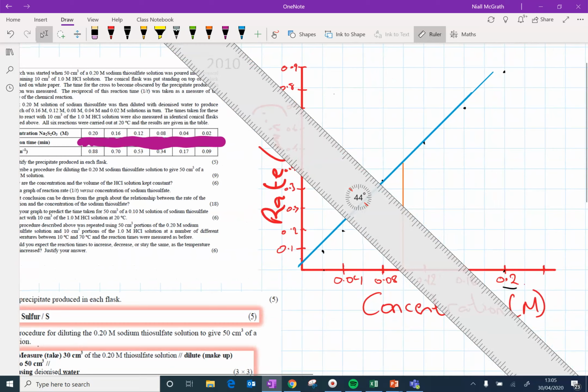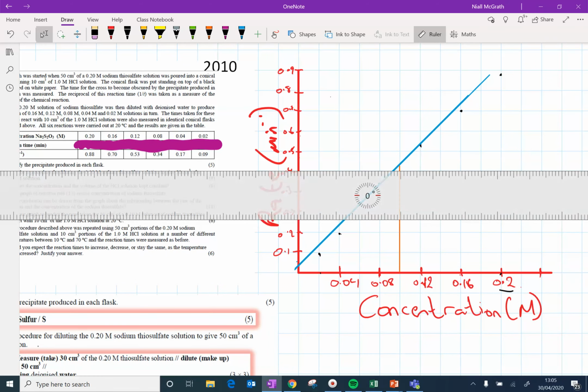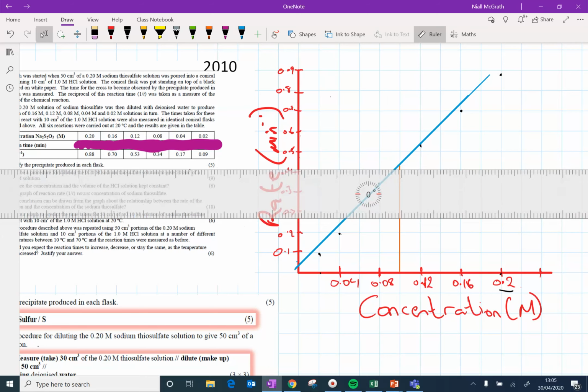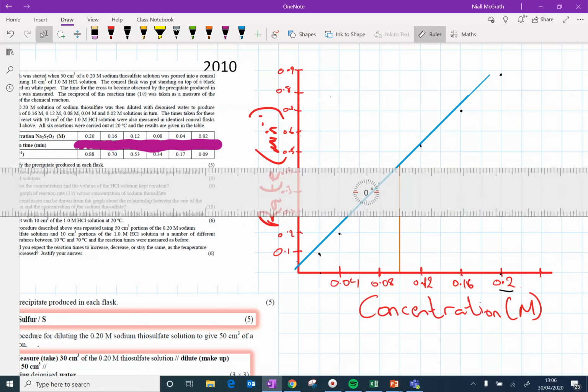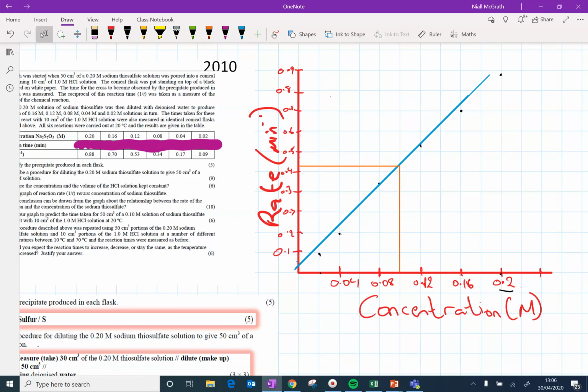Then wherever that meets, we just go straight across and read whatever that figure is.